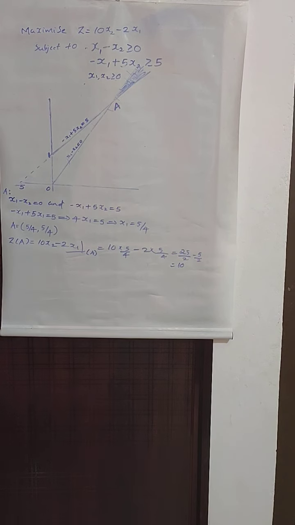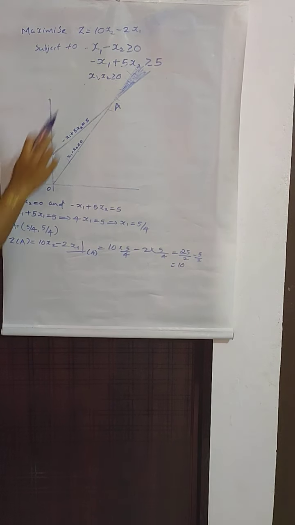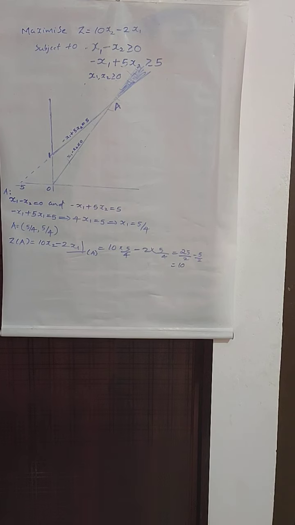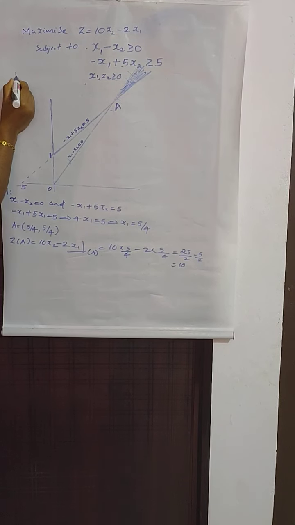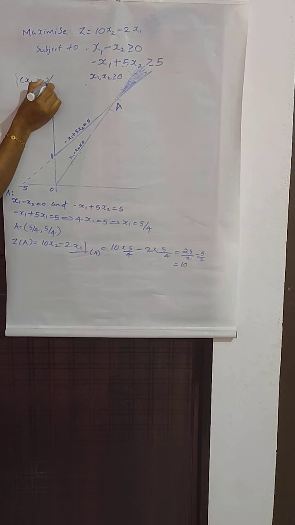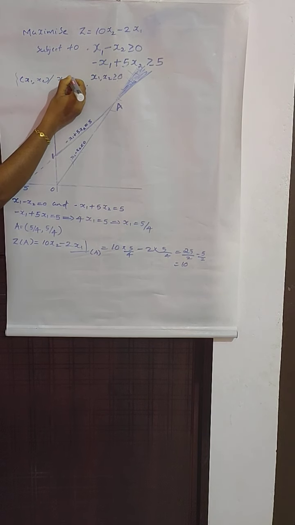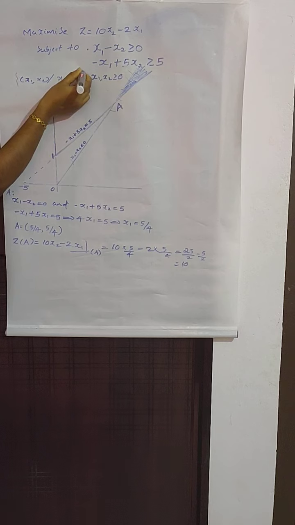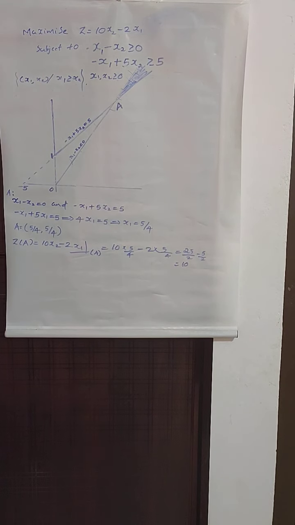For that, first consider x1 minus x2 greater than or equal to 0. The points which satisfy the inequality x1 minus x2 greater than or equal to 0 are the collection of all x1, x2 such that x1 greater than or equal to x2.